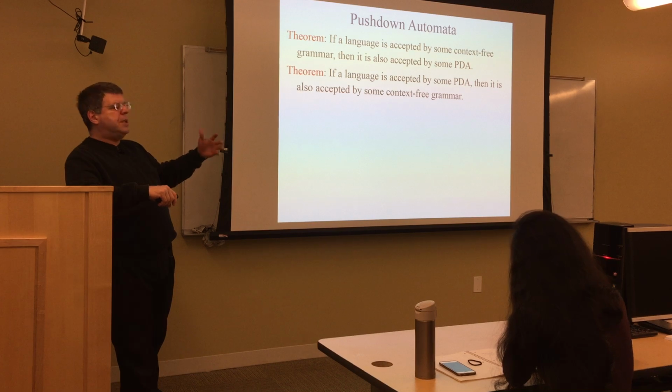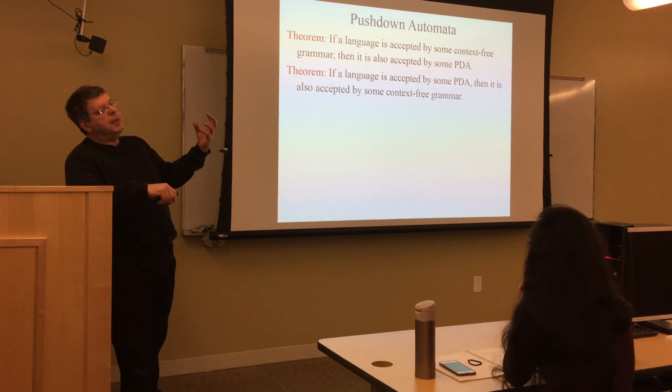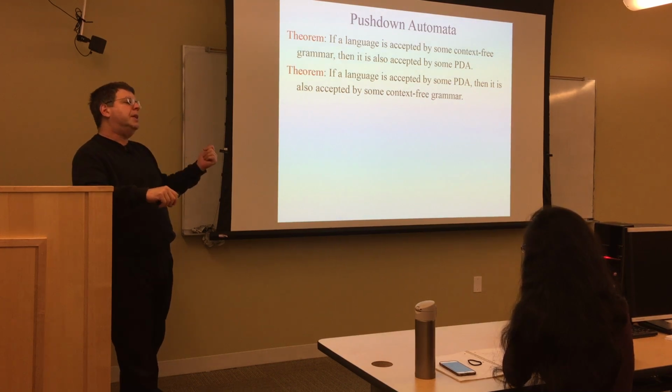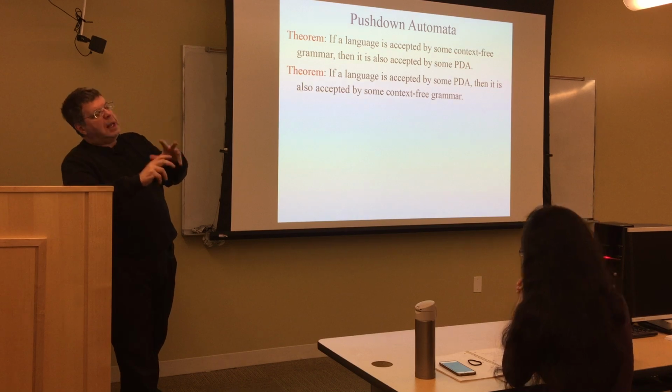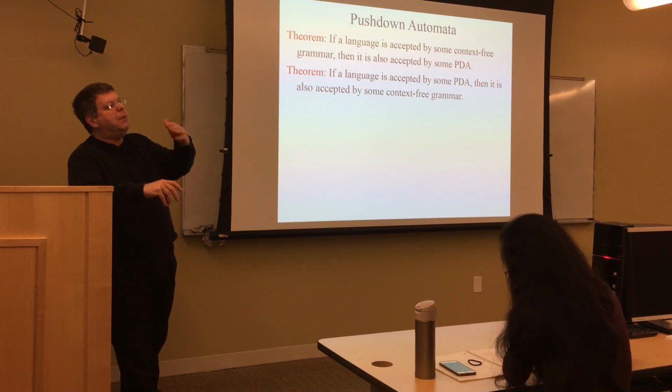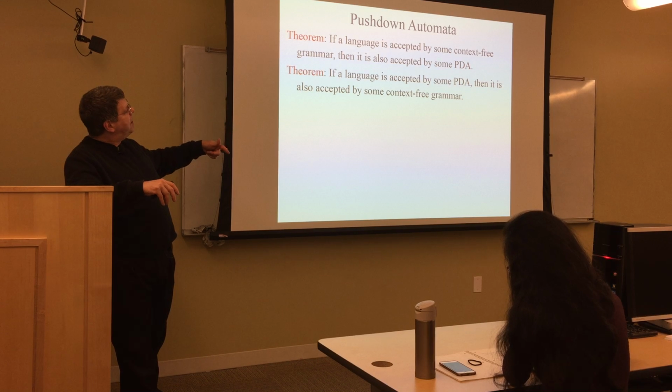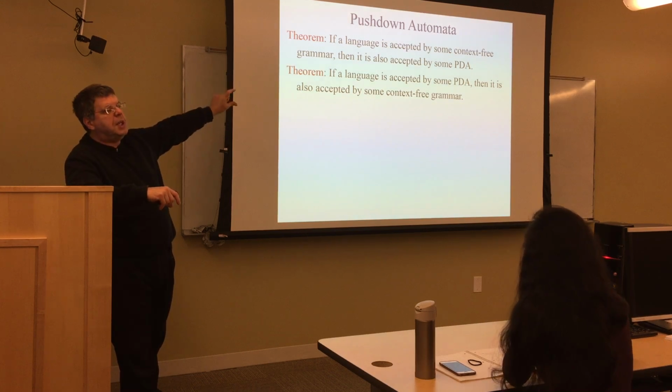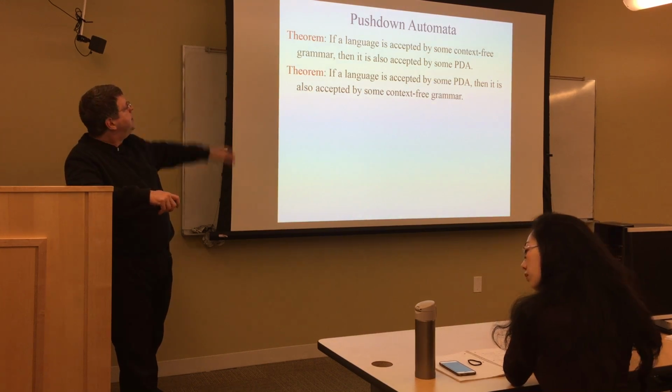In regular expressions, we said regular expressions denote the exact same set of languages that are accepted by finite automata and vice versa. And all the languages accepted by finite automata are exactly the regular languages, those denoted by regular expressions. Here you have a pair of characterizations, and it's an if and only if again.